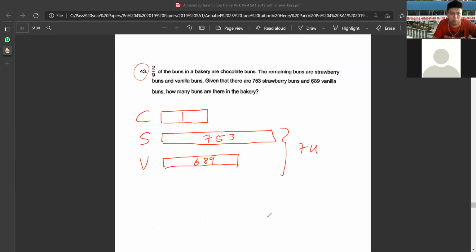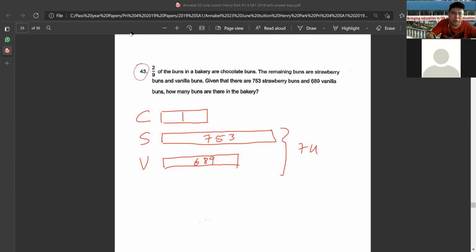Okay, can you tell me what you must do? You know why this is 7 units, right? Yes. Because 9 minus 2. So this is 7 units. Altogether, the whole bakery is 1 whole. So 1 whole minus 2 over 9 is 7 over 9. 7 over 9, so 7 units.